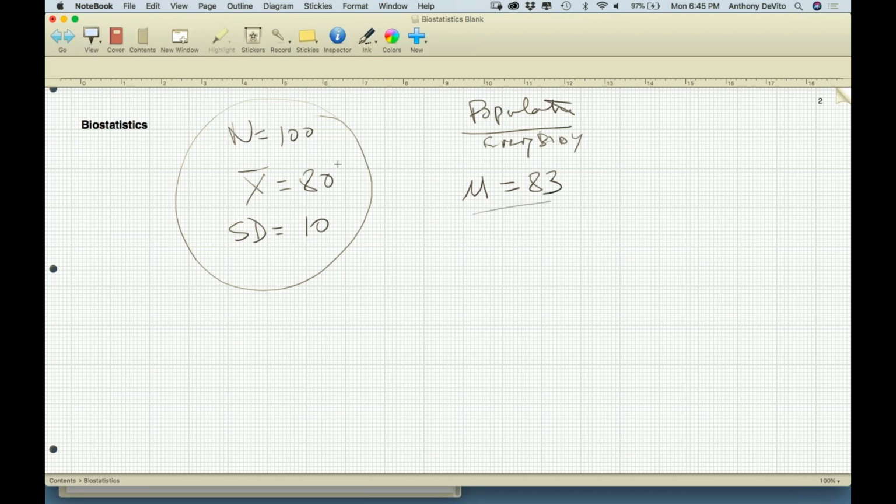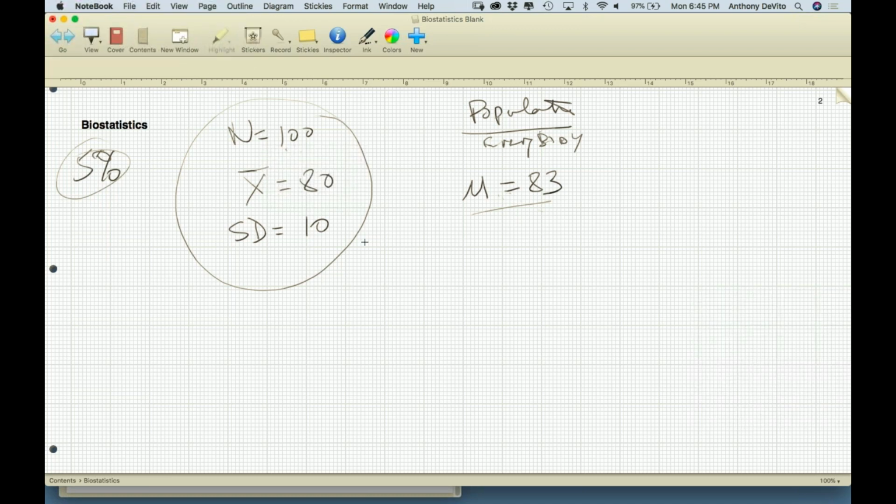I want to determine whether I can say my population is different from this population with 95% certainty. 95% certainty is another way of saying that you have less than a 5% chance of being wrong.